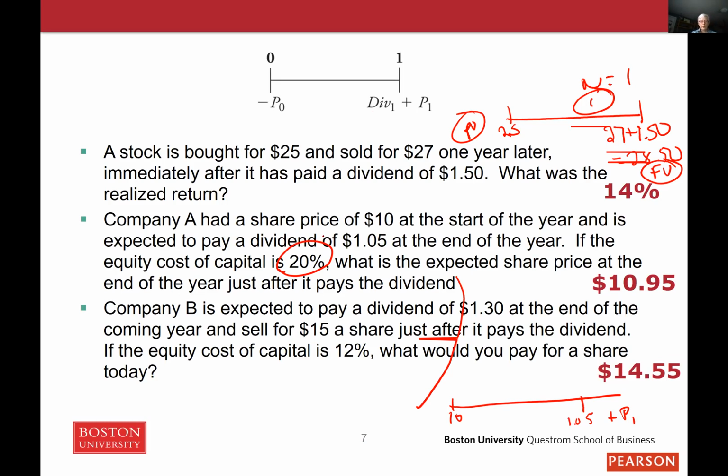So basically what you're going to do is say that this total piece up here has to equal $12 in order for it to be equal in value to the 10. So 12 divided by 1.20 would be 10. So if $1.05 plus P1 equals 12, P1 equals 10.95.